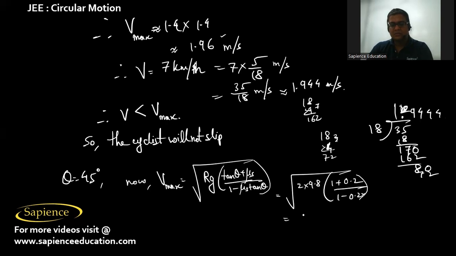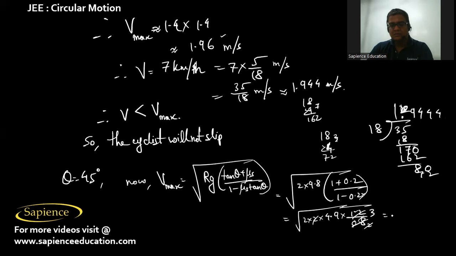So this will be 2 into 9.8, so 2 into 4.9 into 1.2 divided by 0.8. 4 twos are 8, 4 threes are 12, 2 and 2 will cancel out.